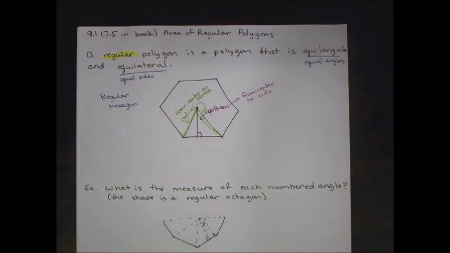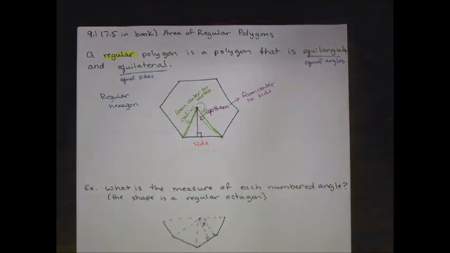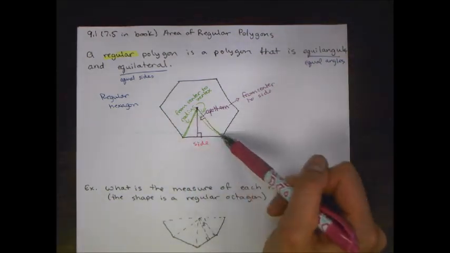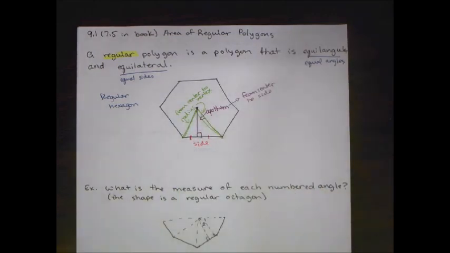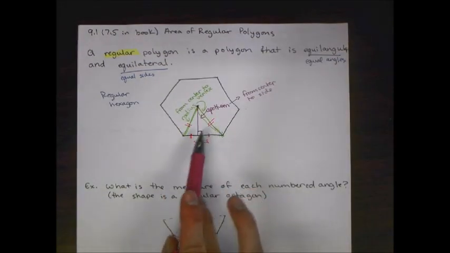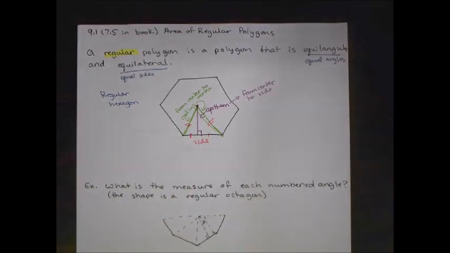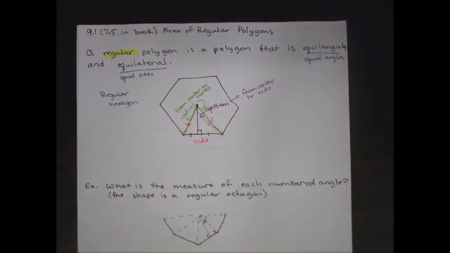Now, here we have our side, and I know it doesn't look like it, but the radiuses are congruent. So our side is being cut in half. So this is an isosceles triangle here. The radiuses are congruent, and so it's bisecting that side. And what happens is we're going to be able to find this angle and do some trig or some 30, 60, 90, or 45, 45, 90 triangles.